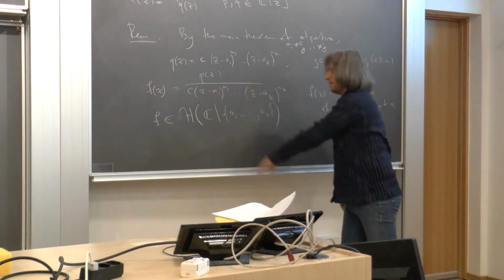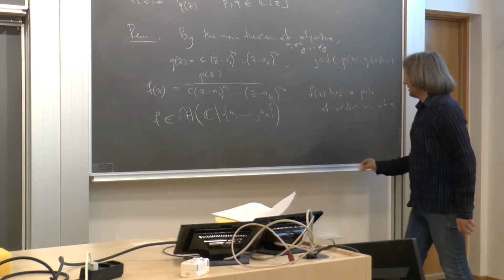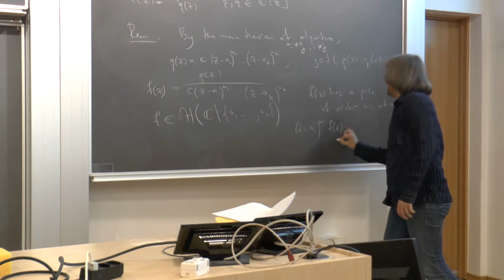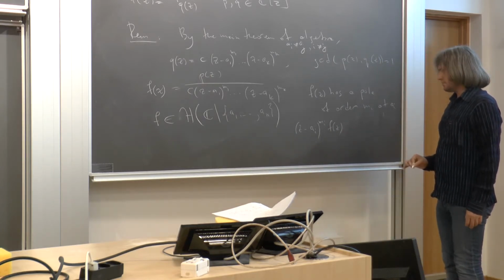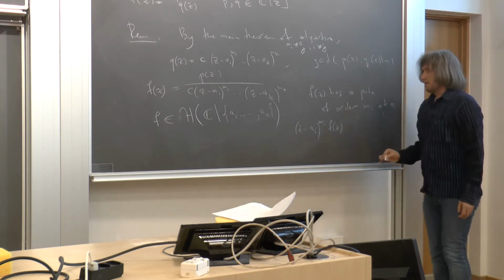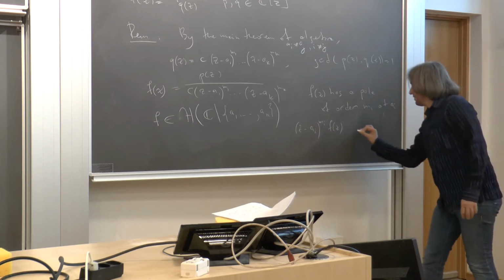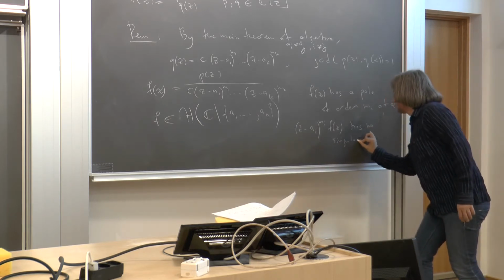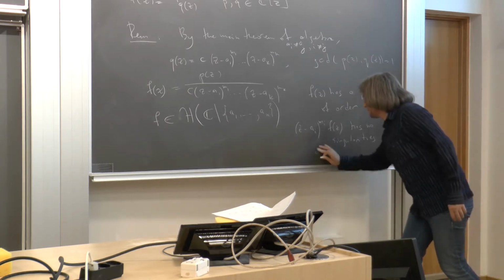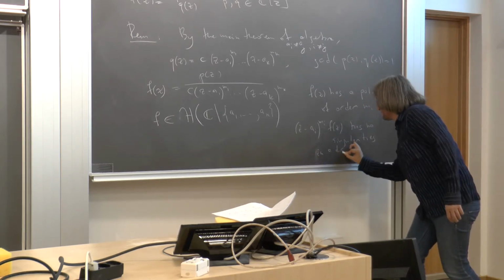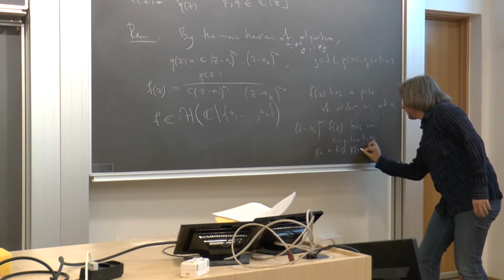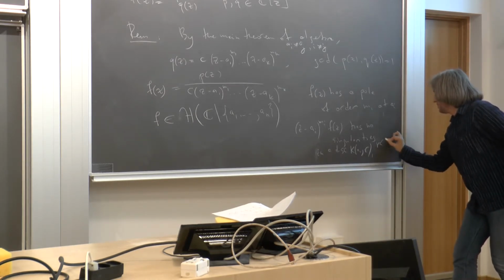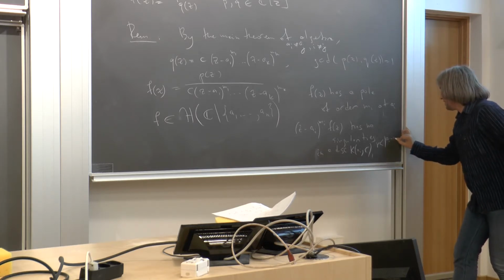So we get rid of one of the factors. So if we take (z minus ai) to the mi times f of z, then this function has no singularity in a disk around ai of radius R, where R is chosen in such a way that R is smaller than the distance between AI and any other AJ.